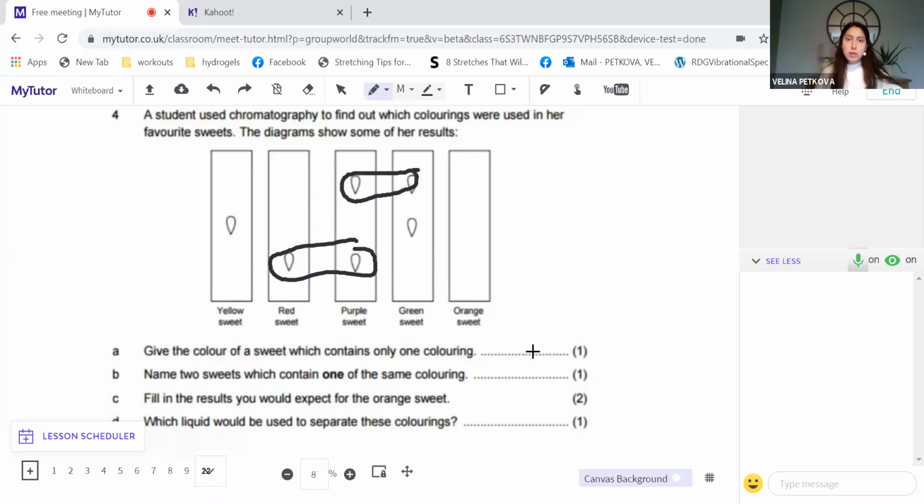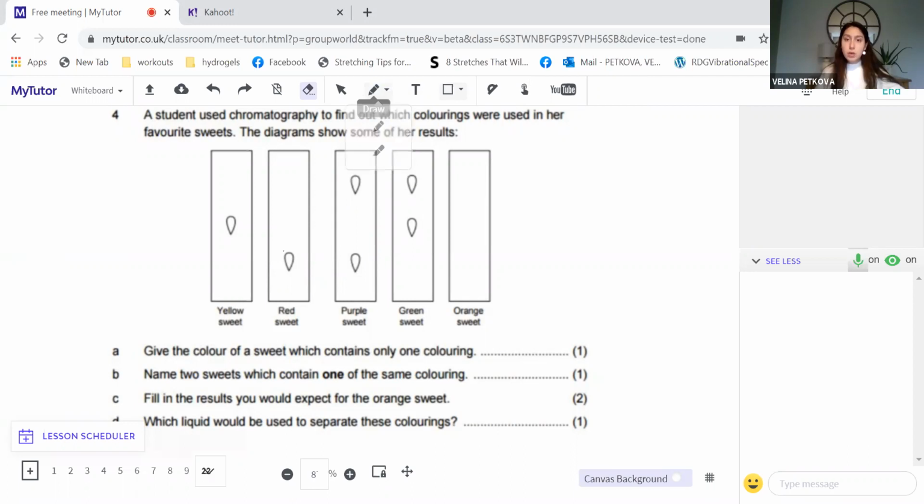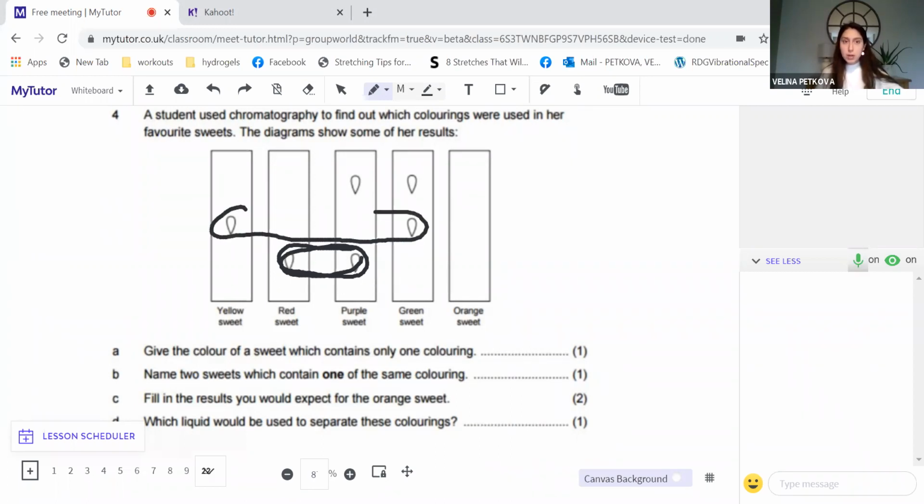However, I've just seen a red and green, okay? So it couldn't be red and green, as this dot is not in the green one. For the sweets to contain the same color, you need to have two that have the same retention, and therefore it would be yellow and green. Brilliant, perfect. So yellow and green is also an example.